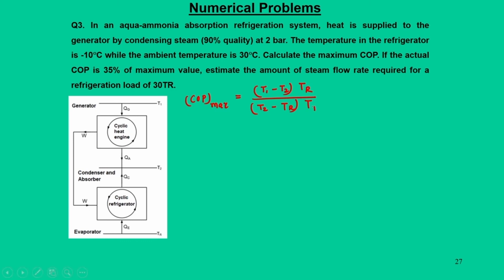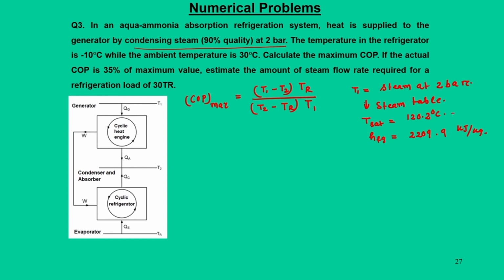So this is how we have modeled, and here what are known to us? T1 is steam at 2 bar, so it is saturated. So from the steam table we can find the saturation temperature as 120.2 degree centigrade, and at that point HFG is 2201.9 kilojoule per kg.